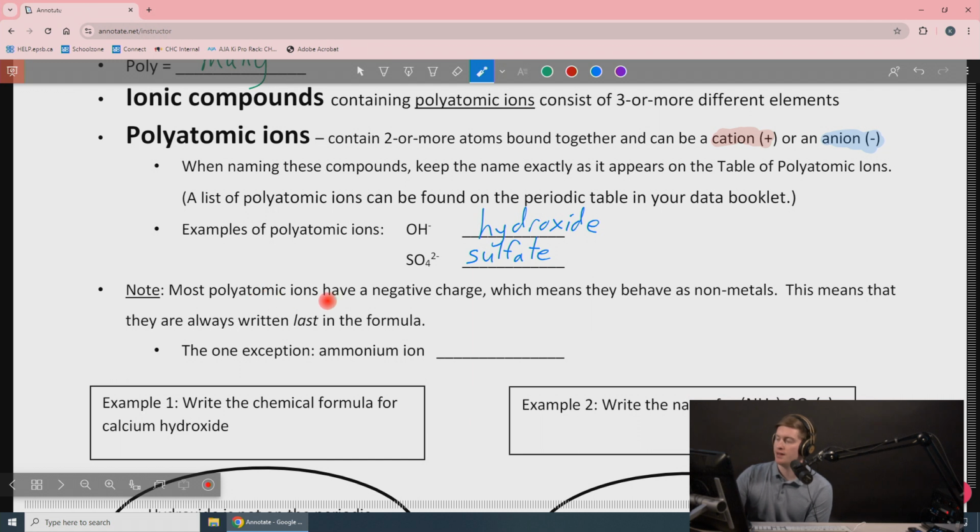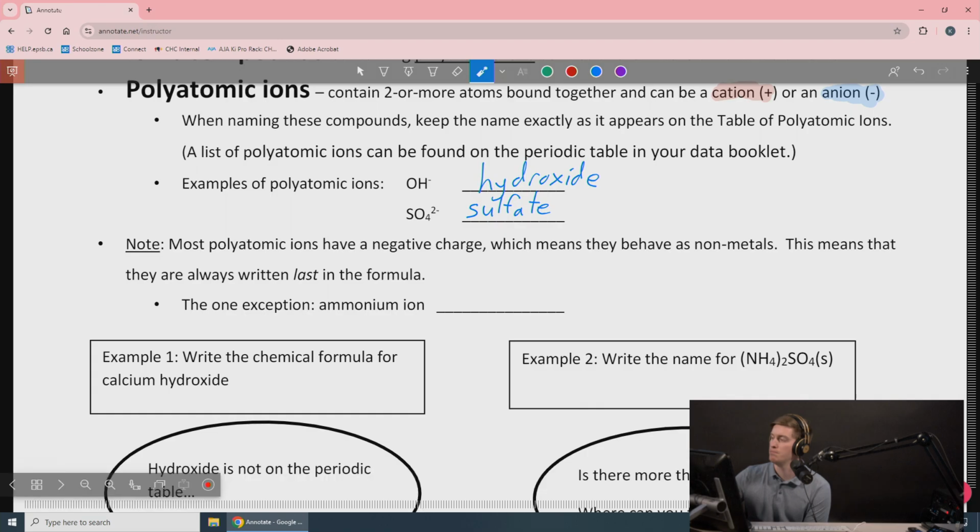Most polyatomic ions have a negative charge, which means they behave as nonmetals. This means that they are always written last in the formula. The one exception is the ammonium ion, which we just highlighted. That is our one cation, and that is NH4+. That is our ammonium ion.